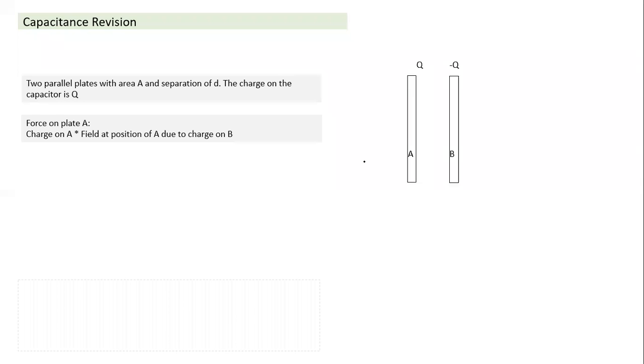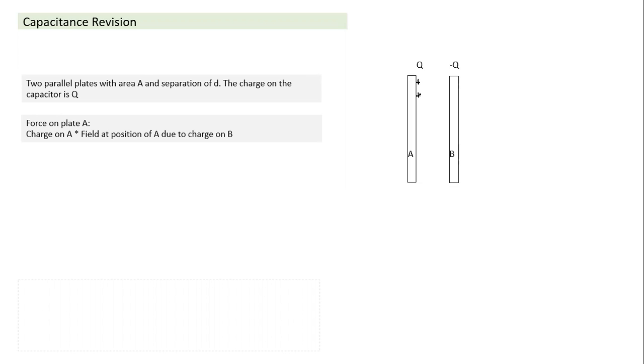Force on the plate. If two capacitor plates are there, and they have charge plus Q and minus Q, what is the force of attraction between the two plates? How do we find it and how do we understand this point? See, when this is the charge given here, the charge will be on the inner opposing surface.